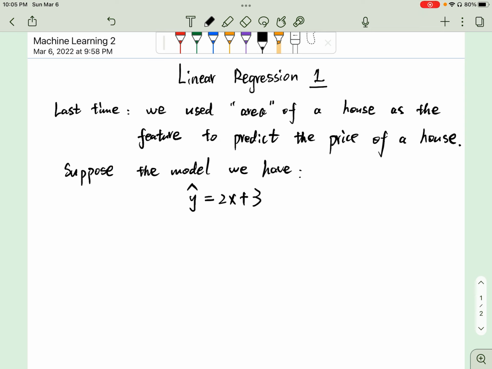I choose these numbers 2 and 3 because you do not need to care whether these two numbers make sense. I choose them just because they are very simple. So suppose this is the model we have, and of course here x is the area of a house, and y hat is the prediction of the price of a house.